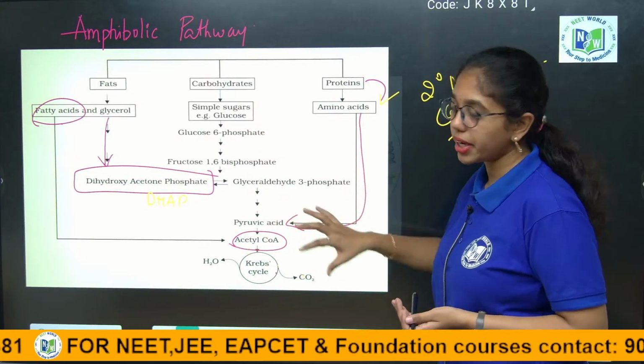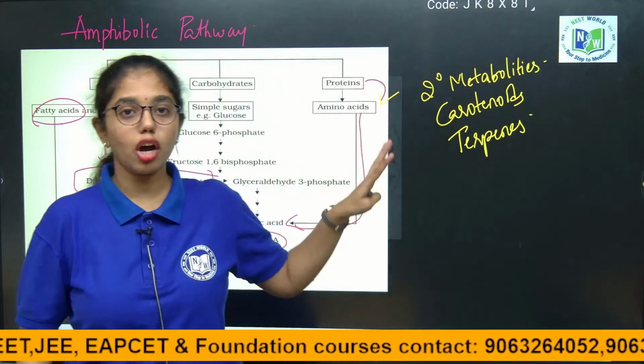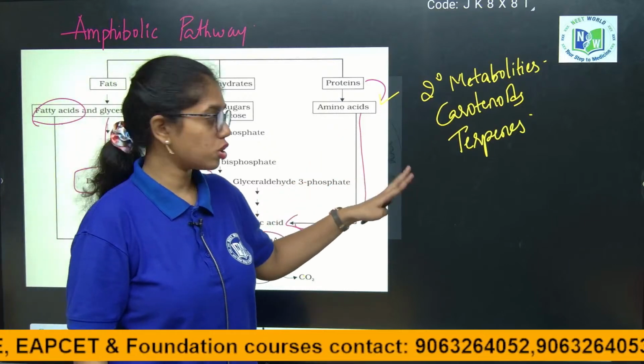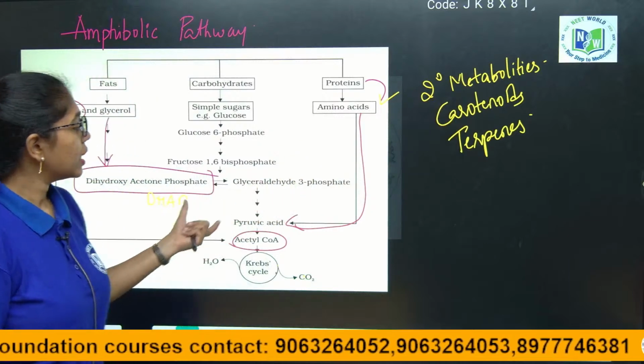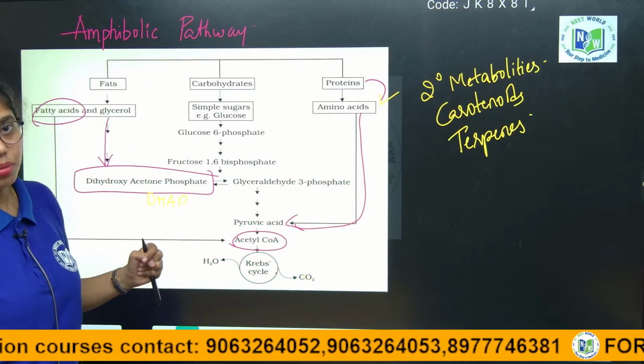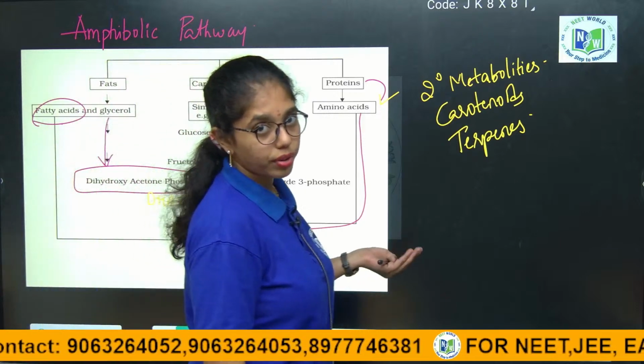All the respiratory intermediates play a major role in the biosynthesis of many other processes, also many other secondary metabolites, like succinyl CoA or acetyl CoA or alpha ketoglutaric acid.